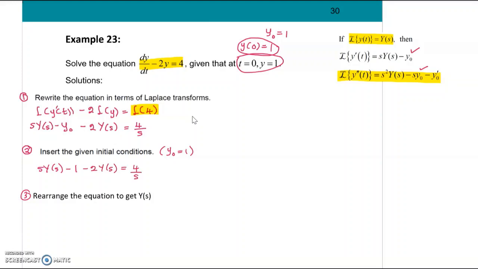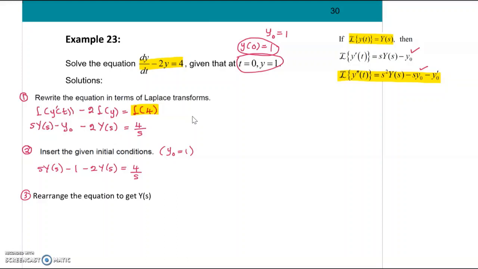Later in the final exam, you can put the y naught straight away in the first step. This is just a step by step guide for you, but in the exam, you can skip a few steps to save your time. So that's the second step, to insert the given initial condition.